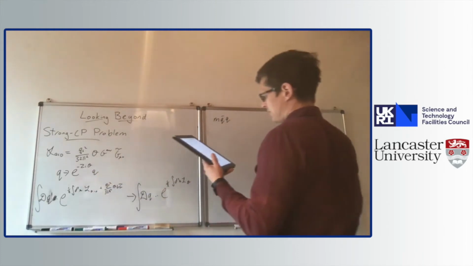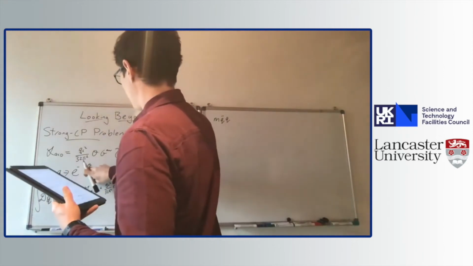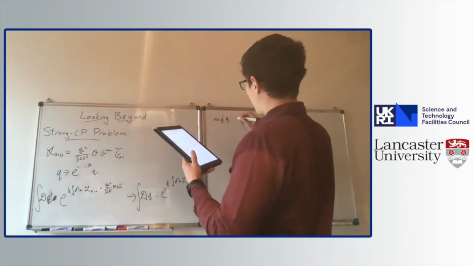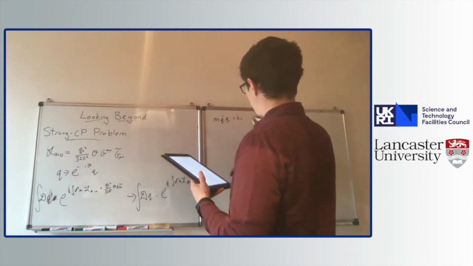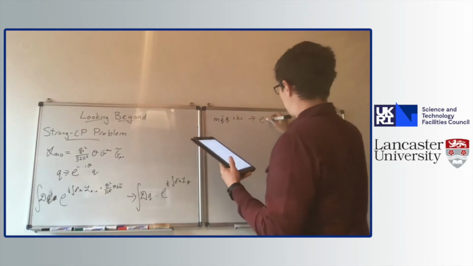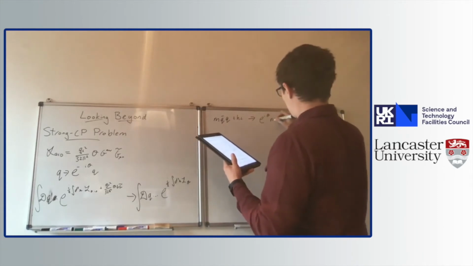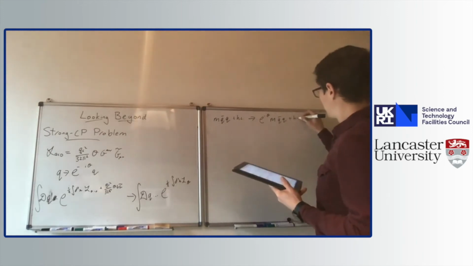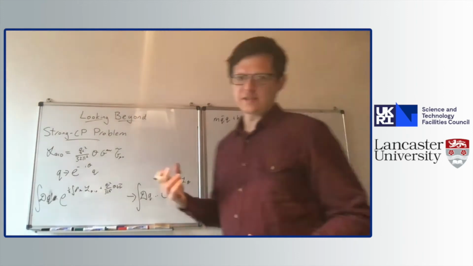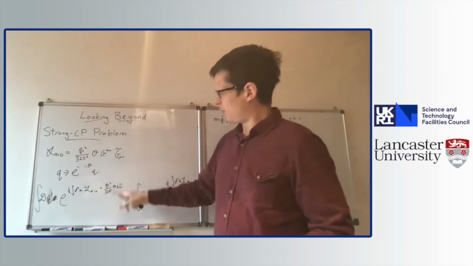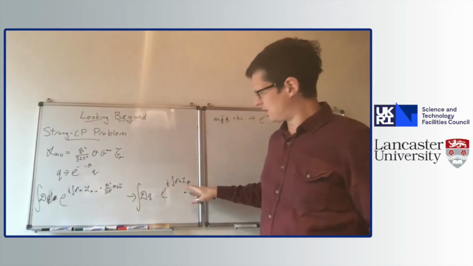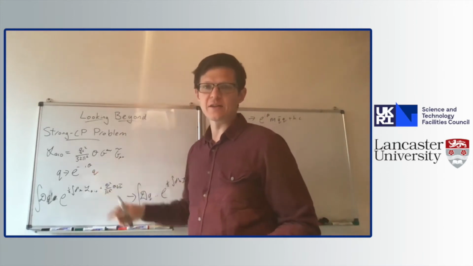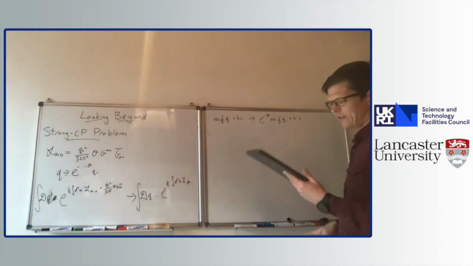The quark mass term, M q q bar plus Hermitian conjugate, goes to M e to the i theta q q bar plus Hermitian conjugate. So something has changed. This is this whack-a-mole thing I was talking about. We've gotten rid of this term. It's no longer in here. But we couldn't get rid of theta entirely. Theta then just showed up somewhere else, and that showed up as a phase of the quark masses.